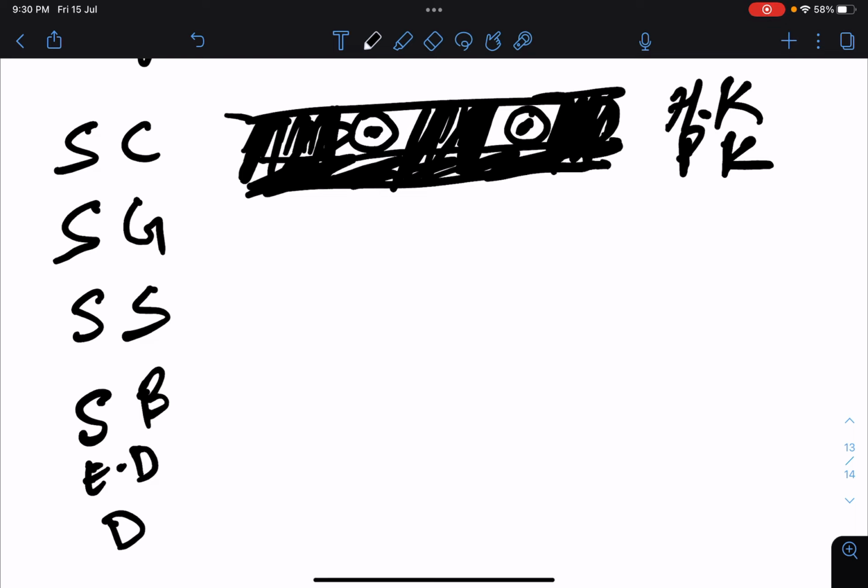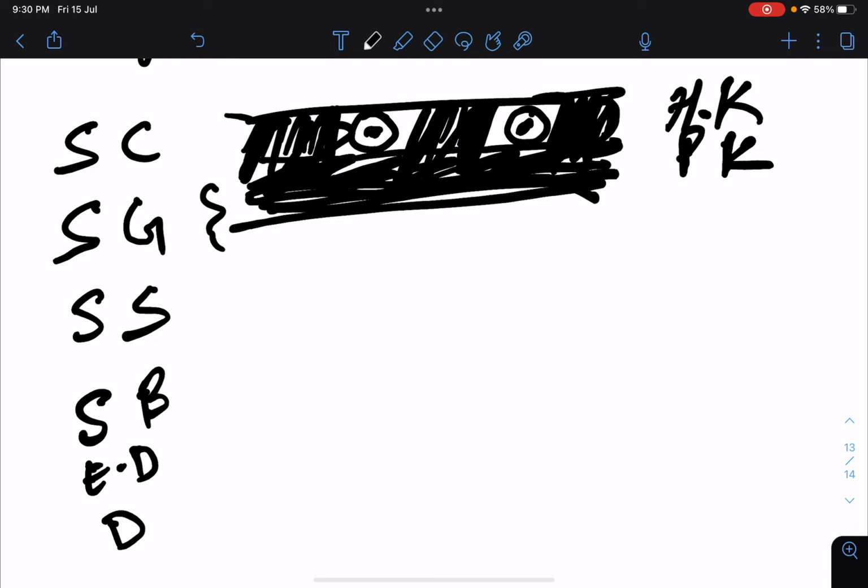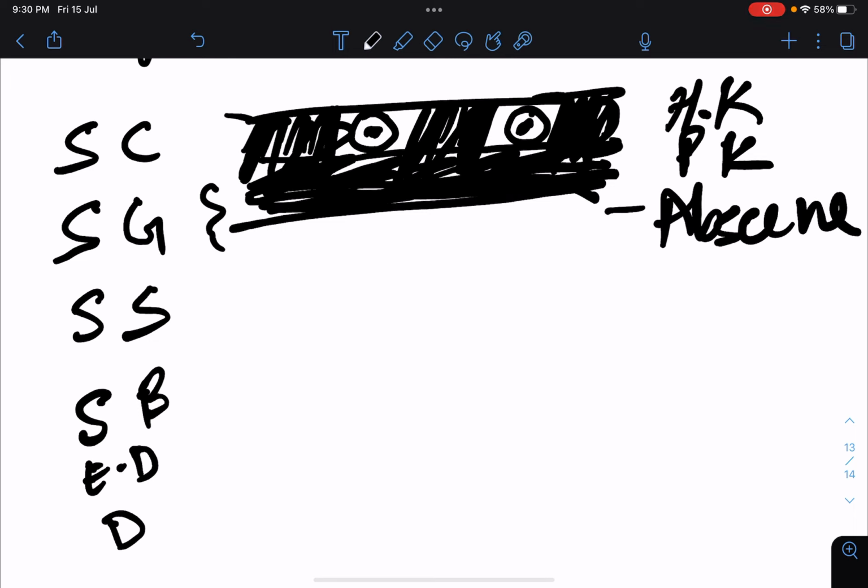Now, what about stratum granulosum? Well, stratum granulosum ideally should have been this much, but now we're going to reduce it because it is reduced. There's an absence of stratum granulosum. What about stratum spinosum? Well, stratum spinosum shows a lot of acanthosis.